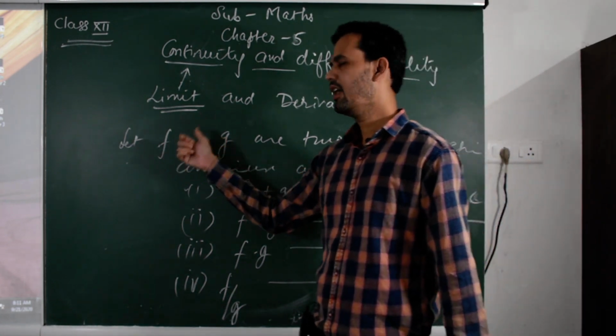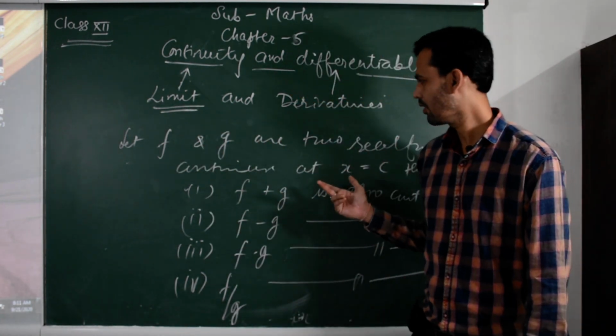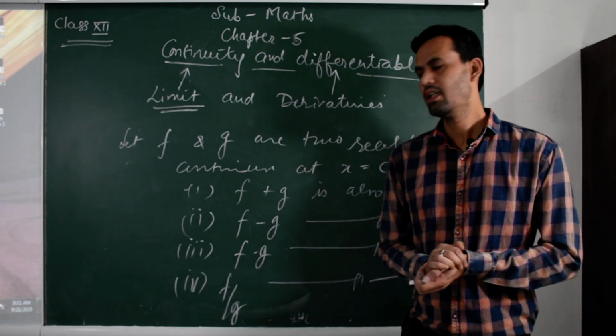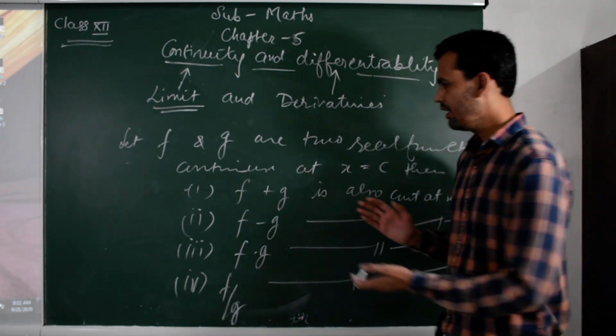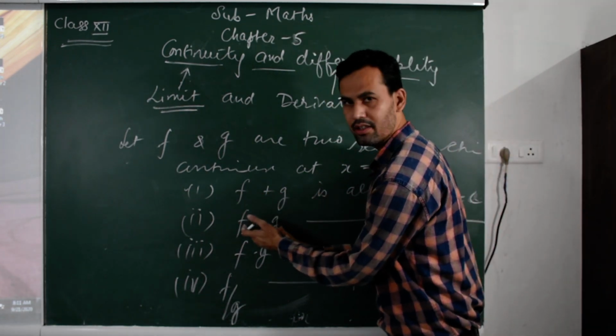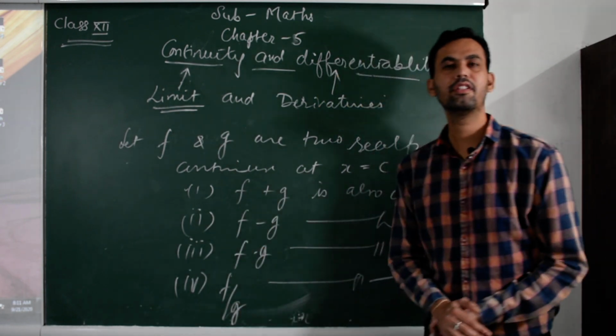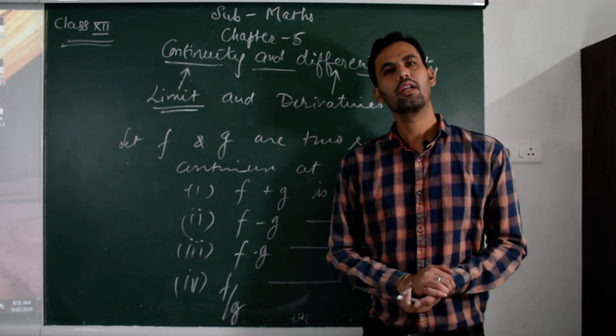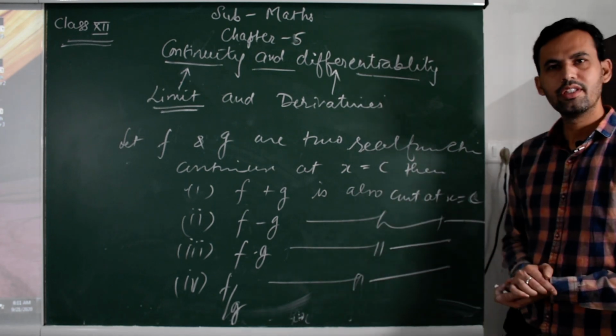It means if f and g are both continuous at x equals c, then their sum, subtraction, multiplication and division are also continuous at x equals c.